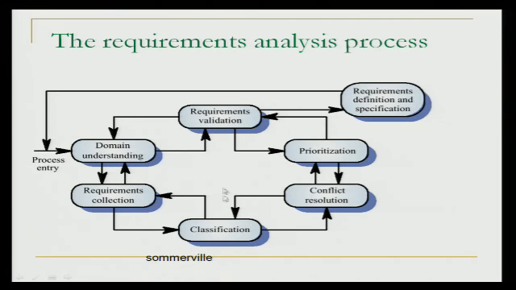Then we'll have to talk about validation, and classify. There's a hierarchy we can use, then prioritize, and then resolve any conflict. So there's a process that we will follow. And see how all these things are iterative? That's there for a reason, because as you go through this, you're going to have to go back to previous steps sometimes and change some things. At the end of validation, eventually what pops out is your document.